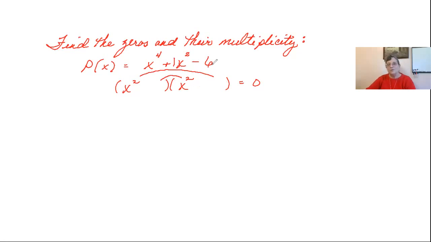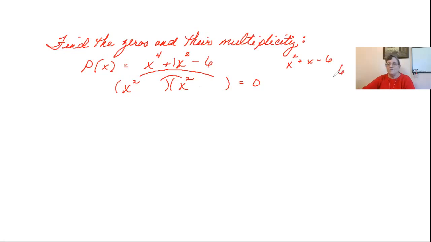These numbers have to multiply out to a 6. So this factors the same exact way it would if it was x squared plus x minus 6. The only difference is in the exponents, and putting these squares here is going to take care of that.